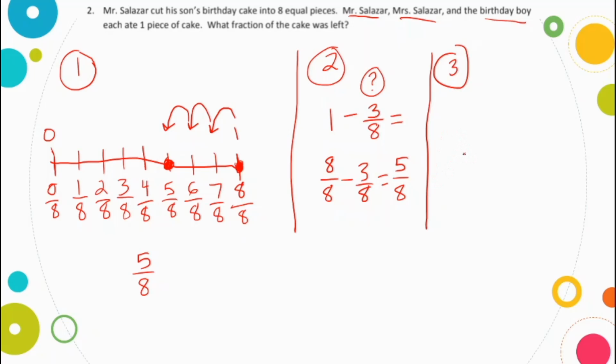The best way to think about this is, again, to look at a number line. I'm just going to do a really quick one. So this is 8 8ths. This is 0 8ths.